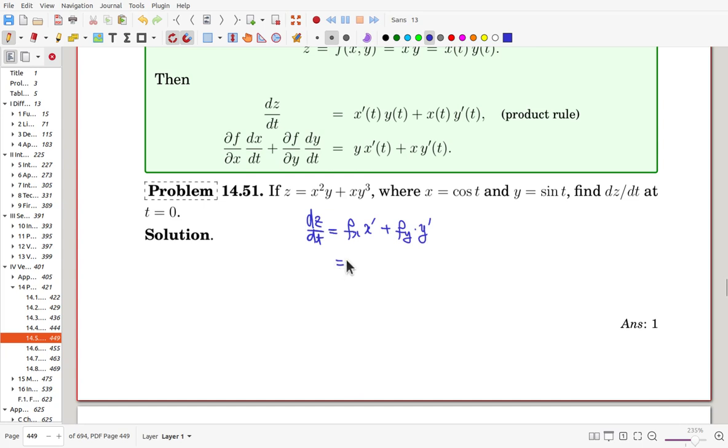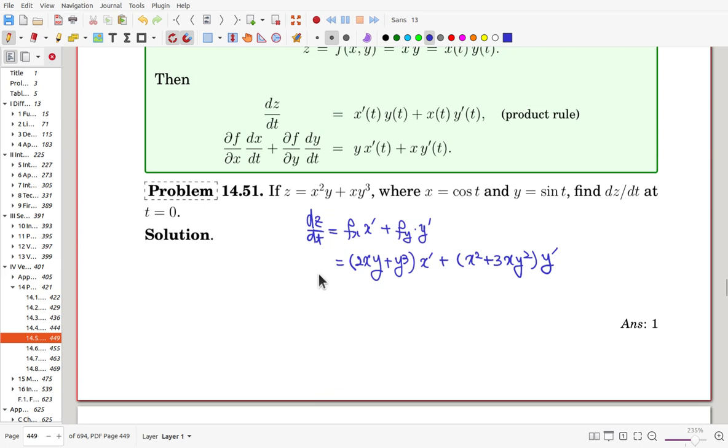What is f sub x? The x derivative is 2x y plus y cubed, and times x prime. f sub y is x squared plus 3x y squared, and here y prime.